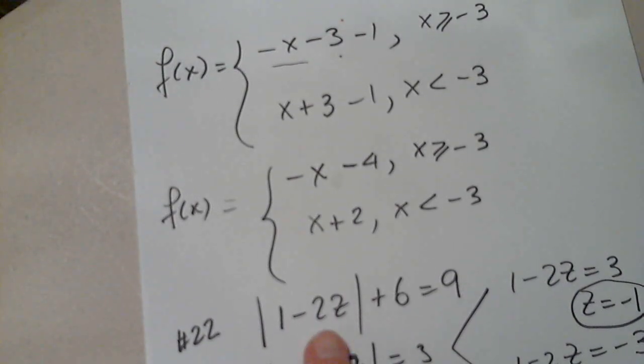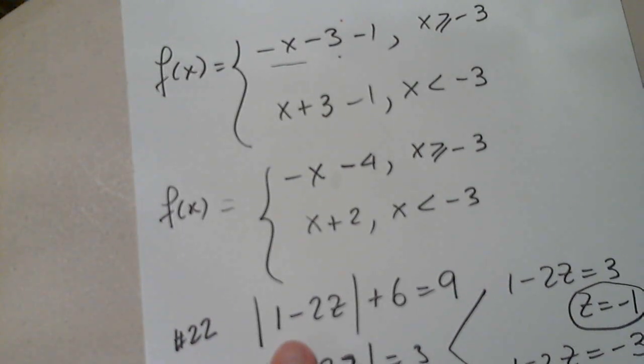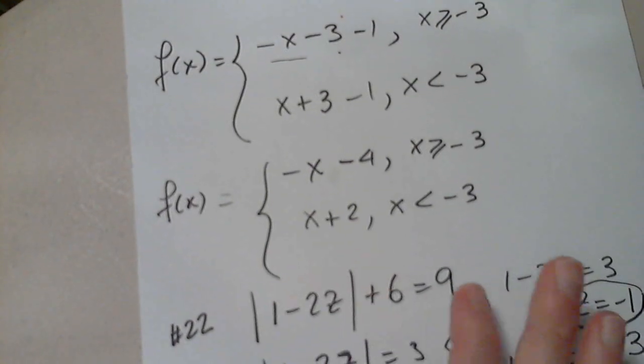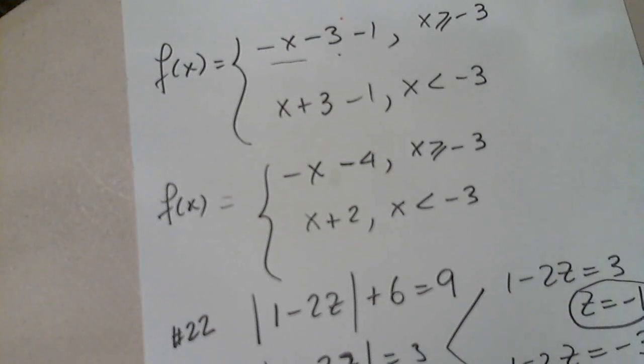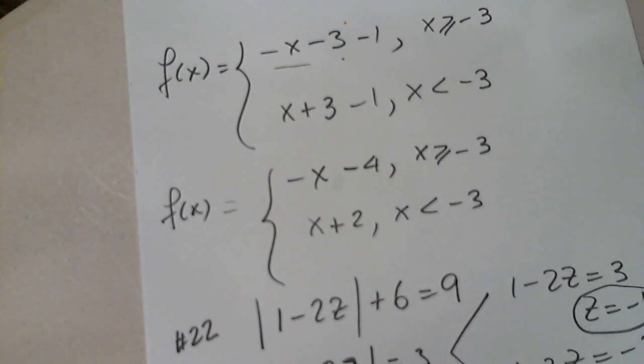With 2, negative 4 minus 1 is negative 3. The absolute value is 3. 3 plus 6 is 9. You can always do that. Any questions? Okay, this is a review from algebra.